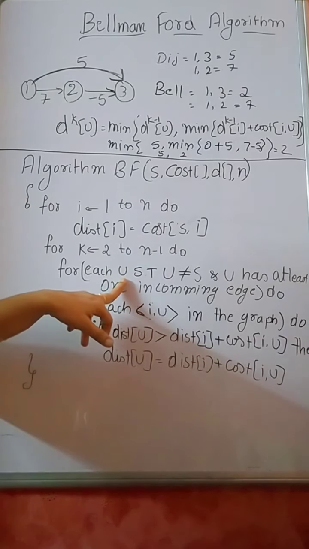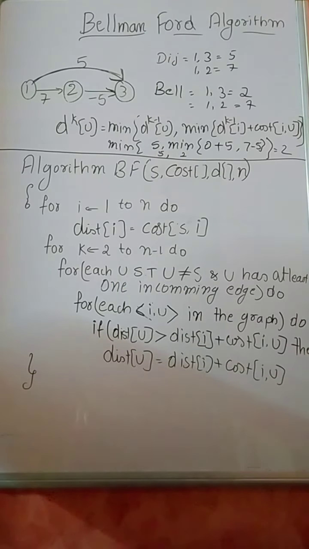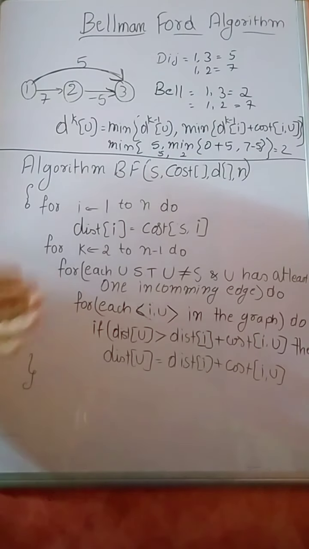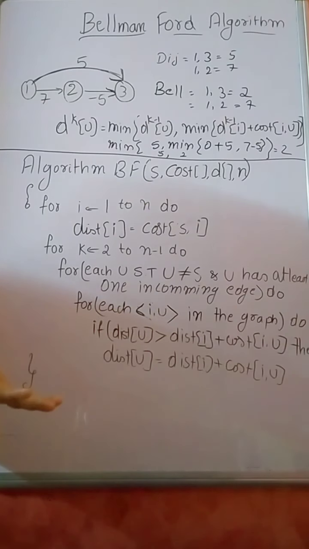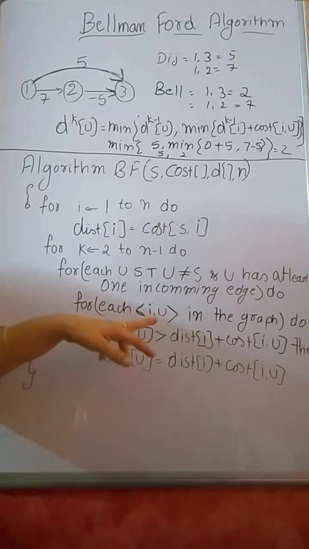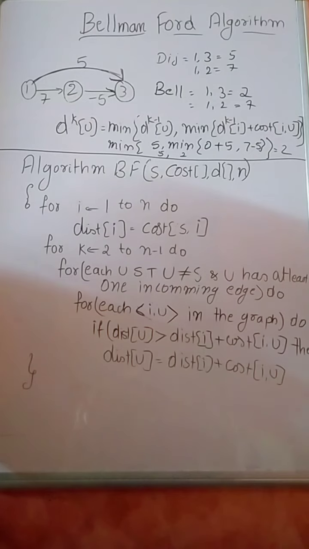If it has any incoming edge, then I am checking whether the previous distance to u is minimum or the distance till i plus cost of i to u is minimum. Whichever is the minimum will be considered. If the previous distance is minimum, that will be considered. If the distance through the incoming edge we have taken is minimum, then that will be considered. So that is how the Bellman-Ford algorithm works.